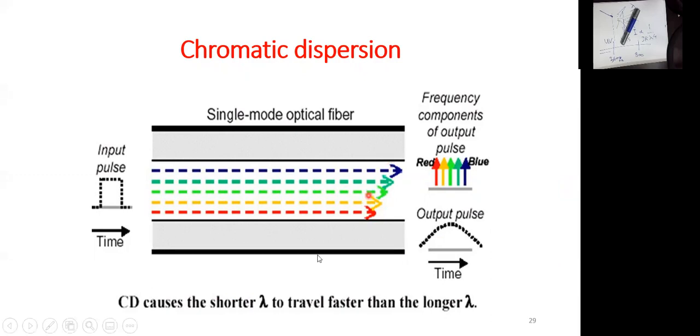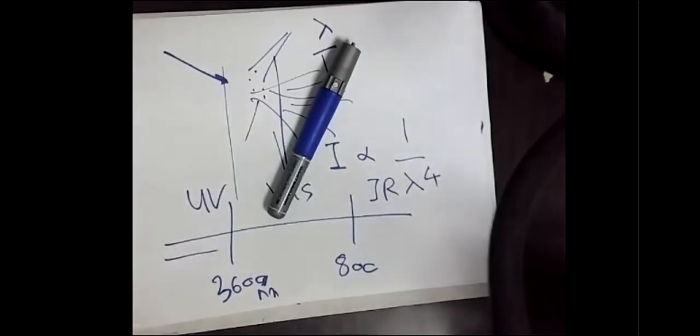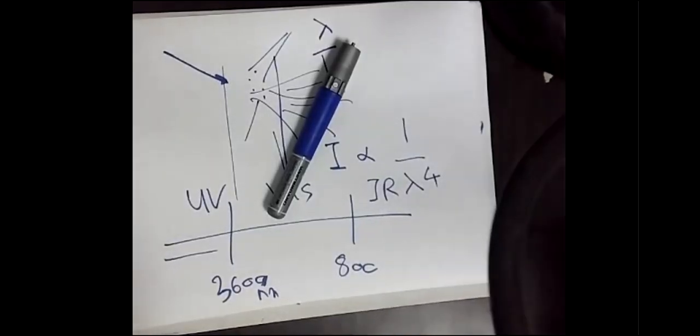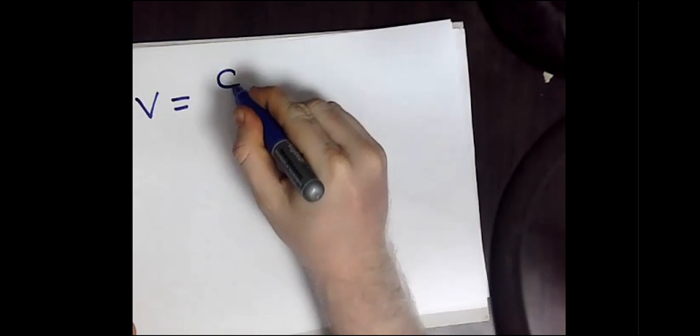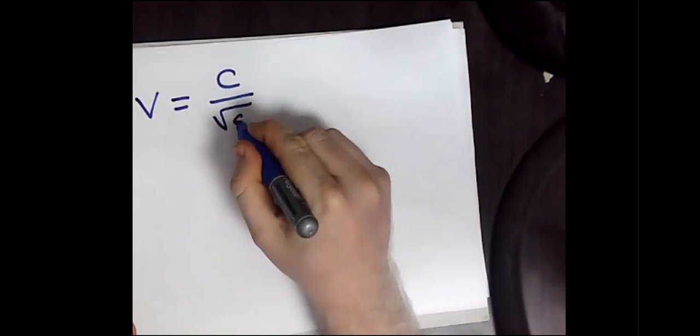Okay, let's try to answer this. This is actually very important. From your microwave electromagnetic classes, you know that whenever we have a medium, electromagnetic waves propagate in this medium with the velocity v, where v equals c over root epsilon r.